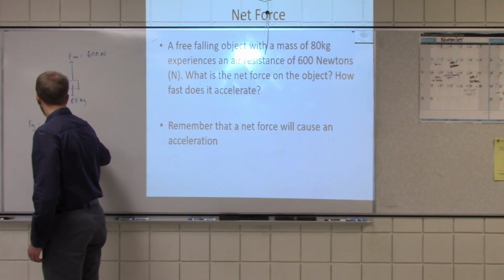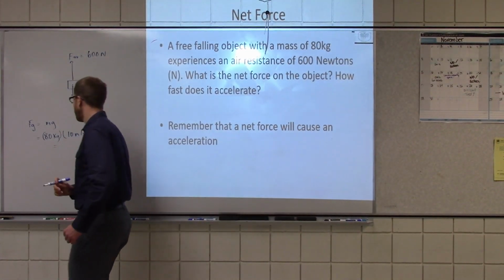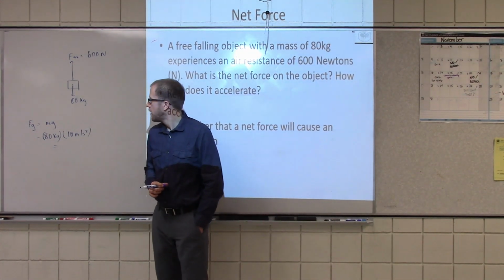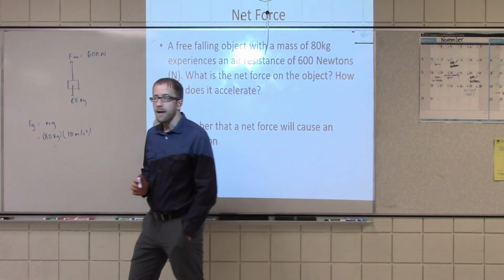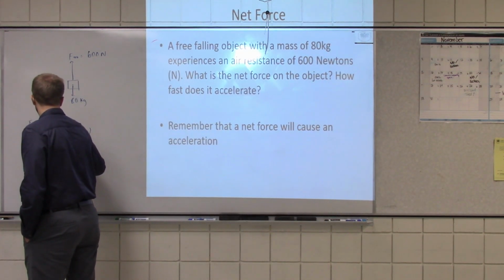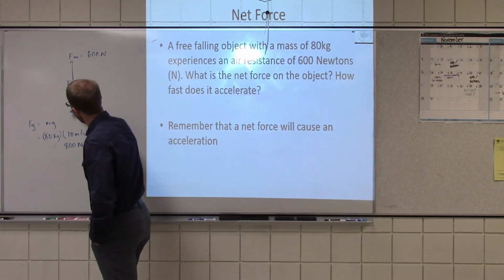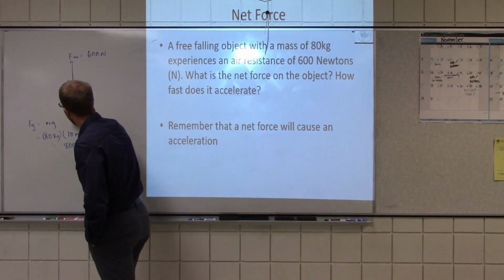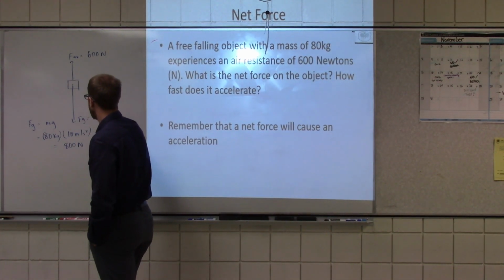Again, I'm going to be kind of lazy here. I'm just going to do 10 because mental math. So what is my downward force? 800 newtons. Excellent. So that is my downward force. Not 80, but 800 newtons.